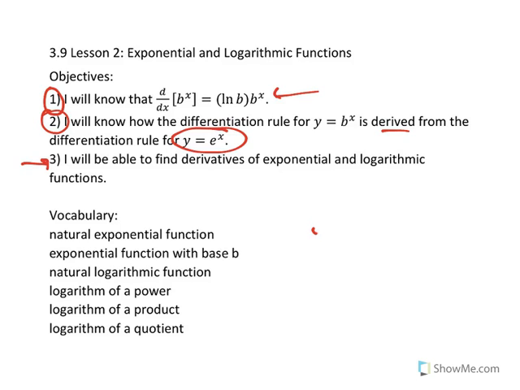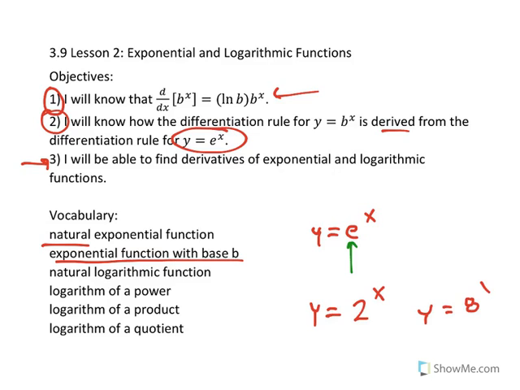So yesterday we looked at the function y is equal to e to the x. That's called the natural exponential function with the natural base e. Today we're going to be looking at exponential functions with base b. So for example, you could have y is equal to 2 to the x, or y is equal to 8 to the x. So a base other than e.